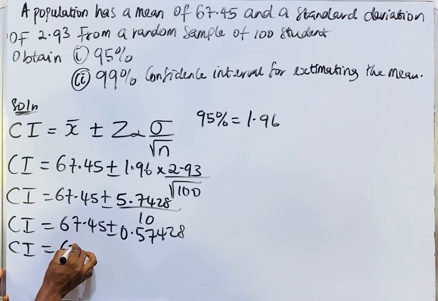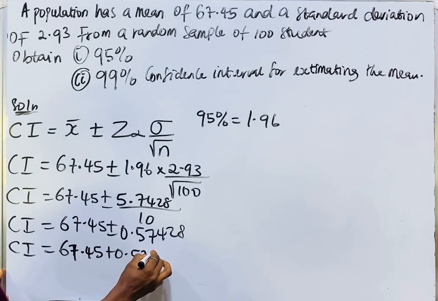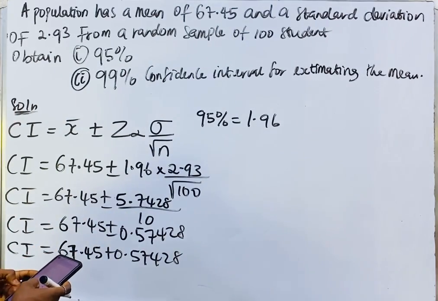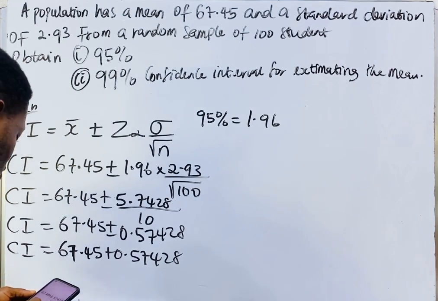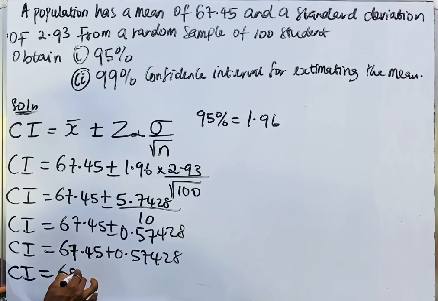Okay, let's do for plus. That's 67.45 plus 0.57428. So our confidence interval will be 68.02428, comma, then we do for minus.